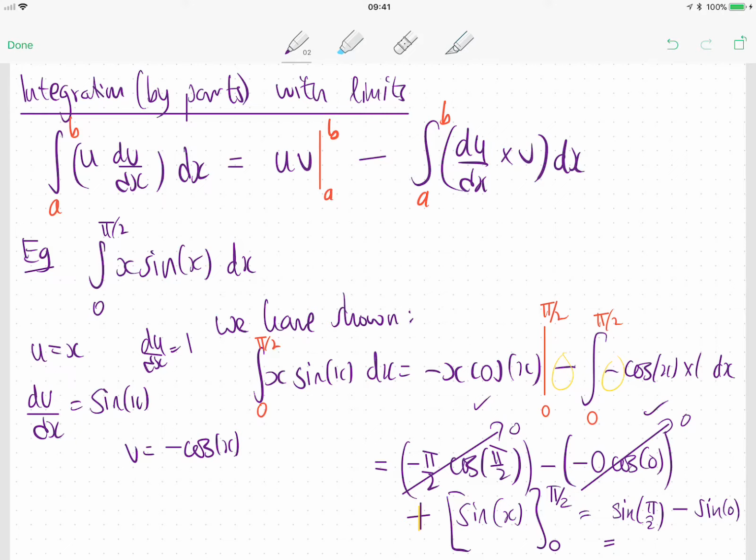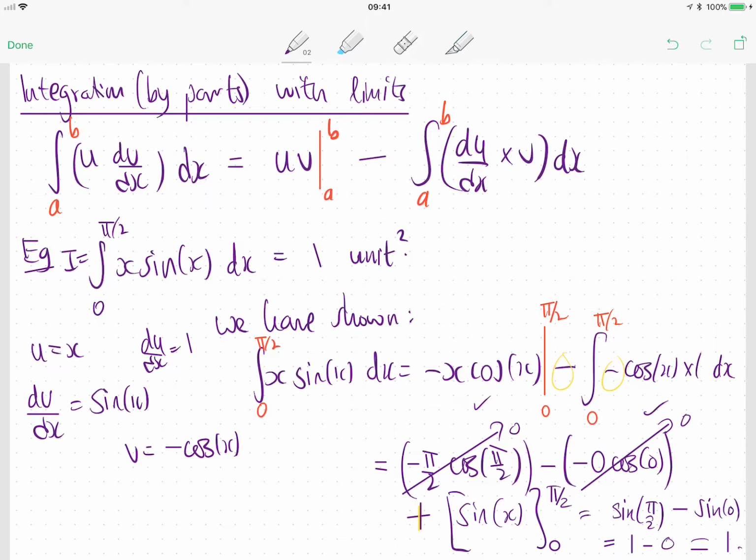Sine of pi over 2 is 1. Take off sine of 0, which is 0, giving me the final answer of 1. Okay, so there you go. That's the answer with the limits. So the integral of x sine x between 0 and pi over 2 is 1 unit squared.